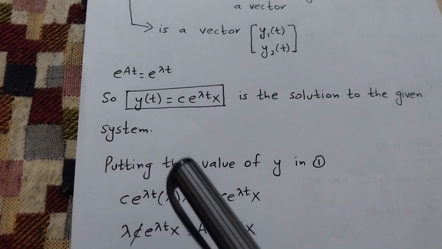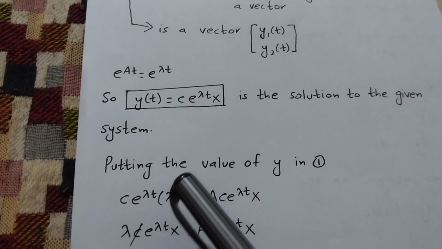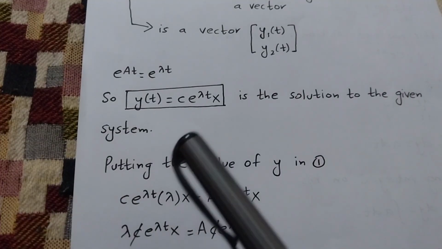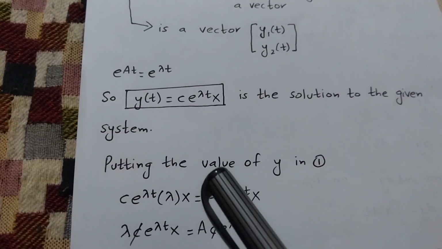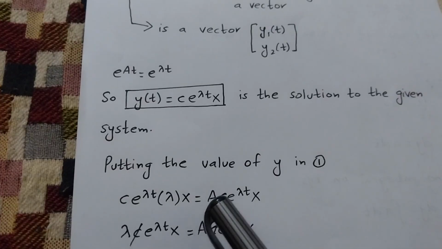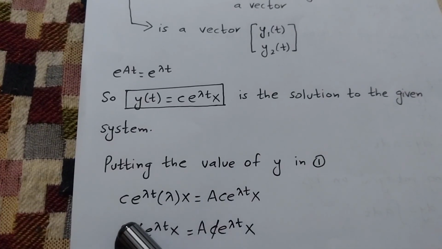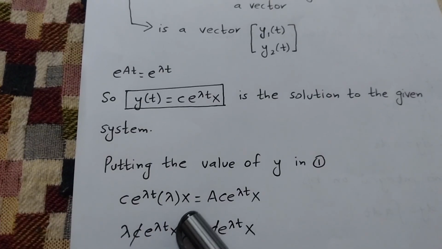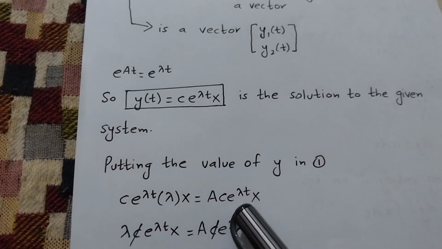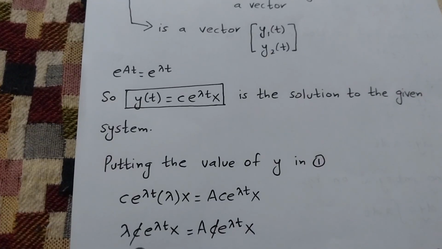The left hand side was dy over dt, and the right hand side was A into y. So A into y was c into e raised to power lambda t into x. So the equation will become c into e raised to power lambda t into lambda into x is equal to A c e raised to power lambda t into x.